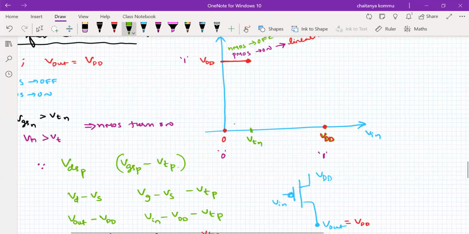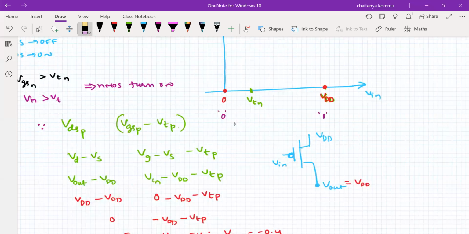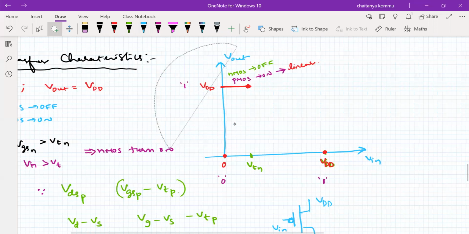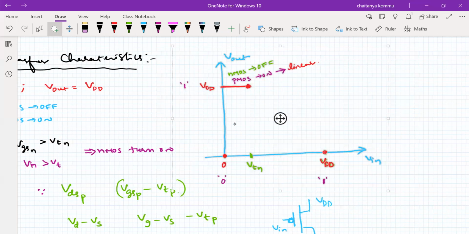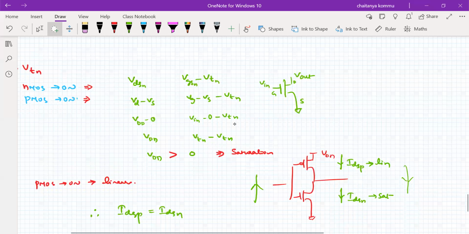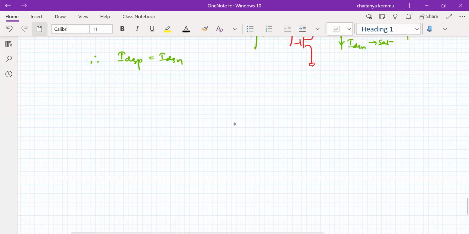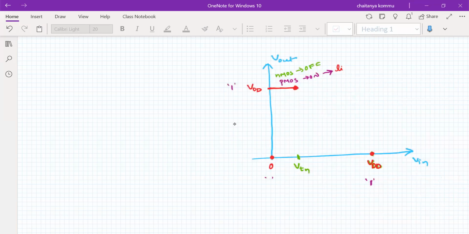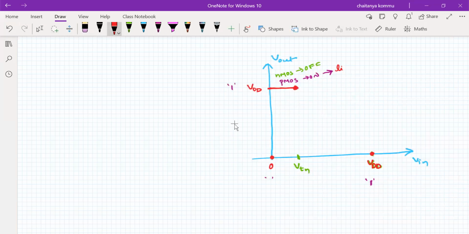I want to copy these characteristics. I will complete it within one minute. Here it is a decreasing fashion.